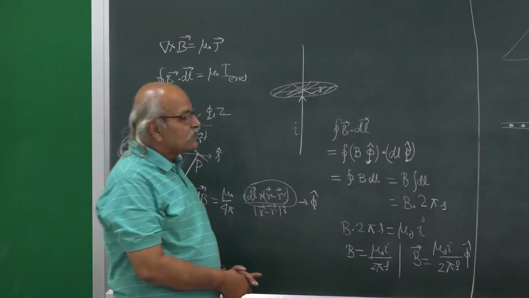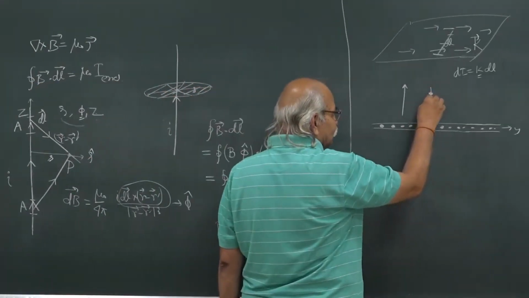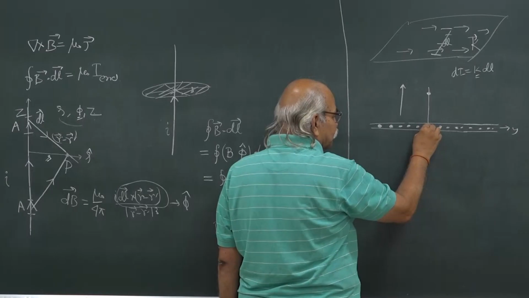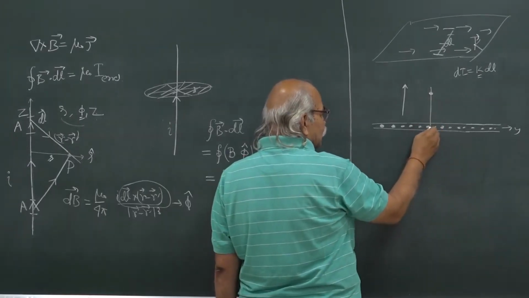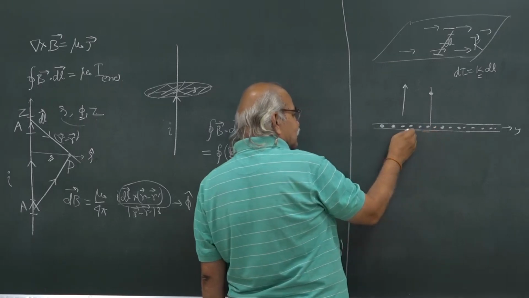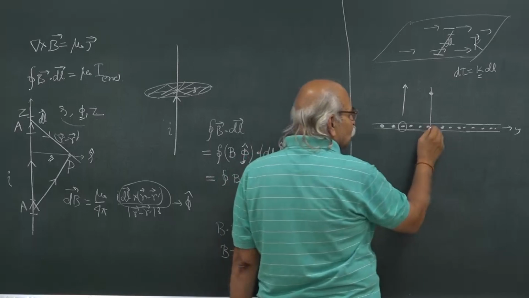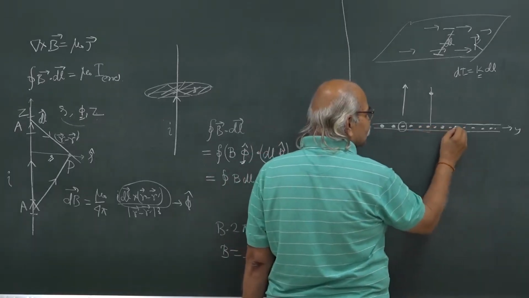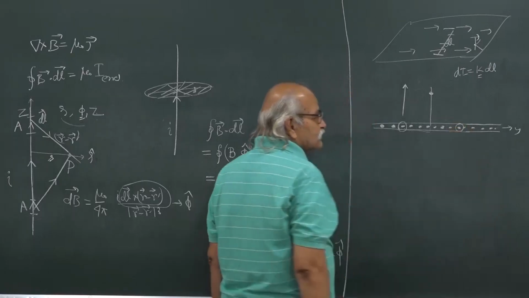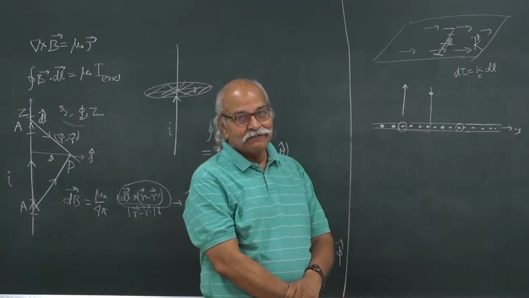For the direction, once again we will make use of Biot-Savart law. Let us say this is the foot of the perpendicular, and from this point you go some distance this side and look at this current here. Then you go the same distance on the other side, and look at this current here. These two currents you look at.